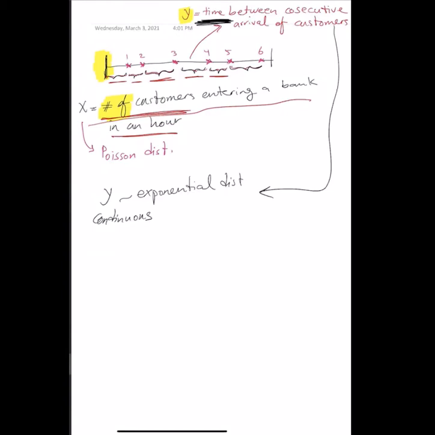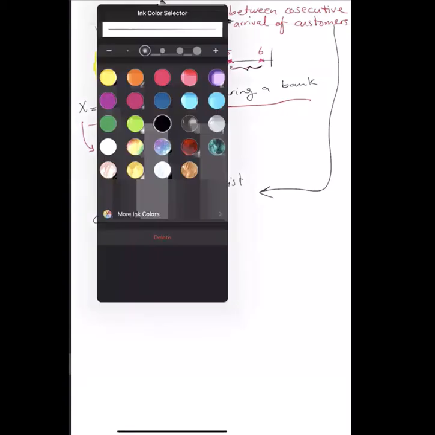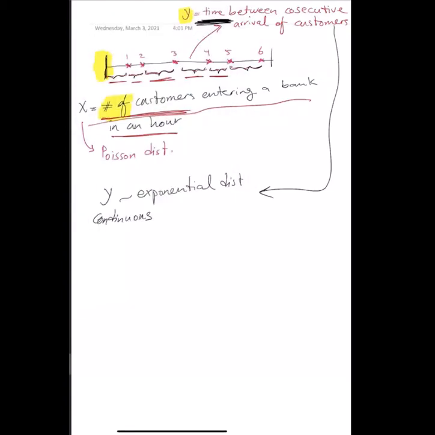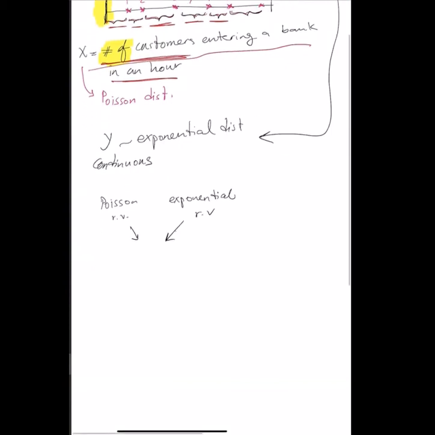To calculate both of them, whether the question is related to the Poisson random variable or to its exponential counterpart, what I need to know is lambda, which is the average number of events or things that happen in a unit of time.